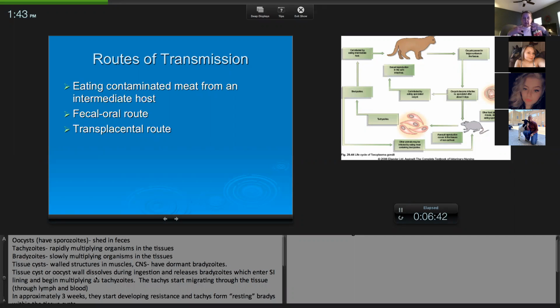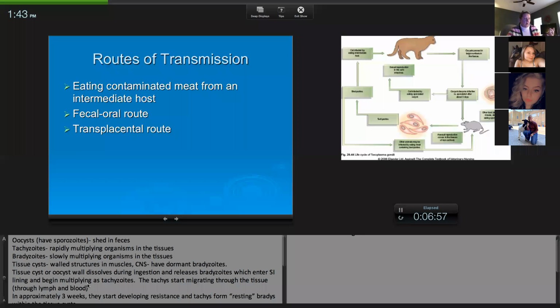So basically, you think about taking a medication and the capsule disintegrates and lets out the medication. If the animal ingests the oocyst and the wall dissolves, it releases those inside.